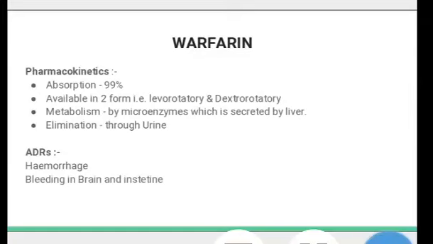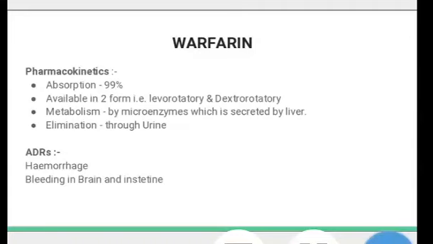Obviously, if 99% of the drug is absorbed, it will be available for the effect. Warfarin is available in two forms, levorotatory and dextrorotatory, in which the levorotatory form is more potent. Elimination of warfarin is through urine, and it is metabolized by microsomal enzymes secreted by the liver.